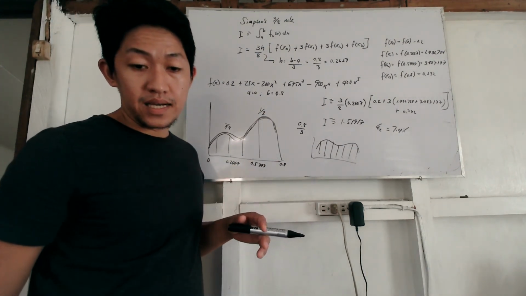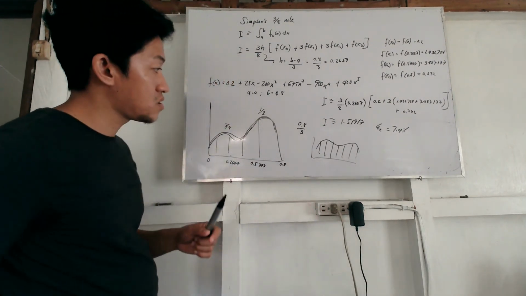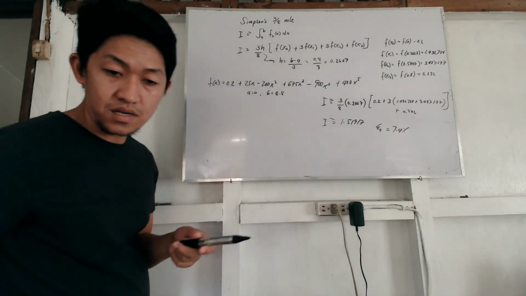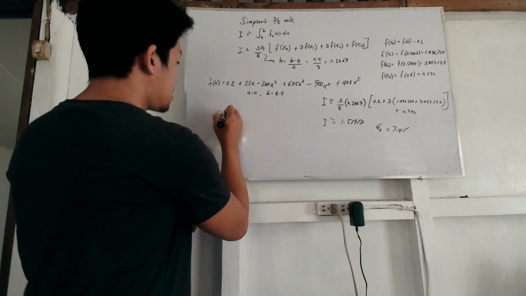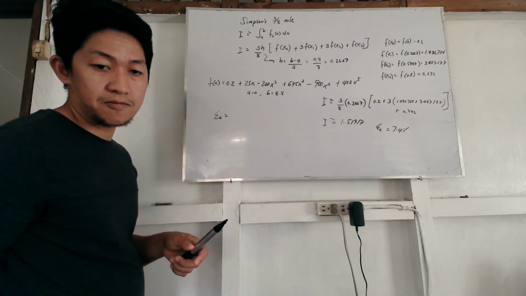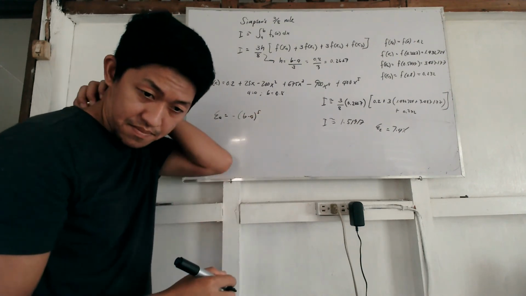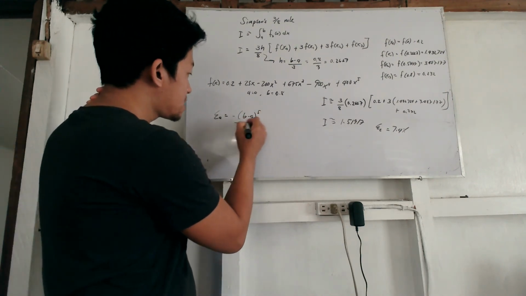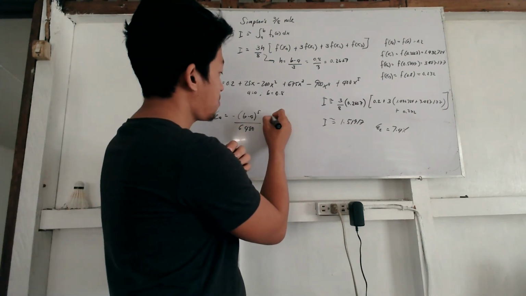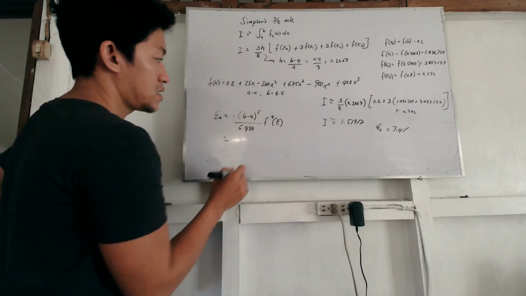So again, we get the approximate error using this equation: negative (b minus a) raised to 5, over 6480, times f fourth of this one.